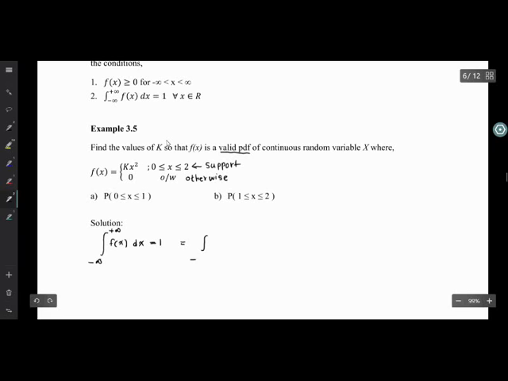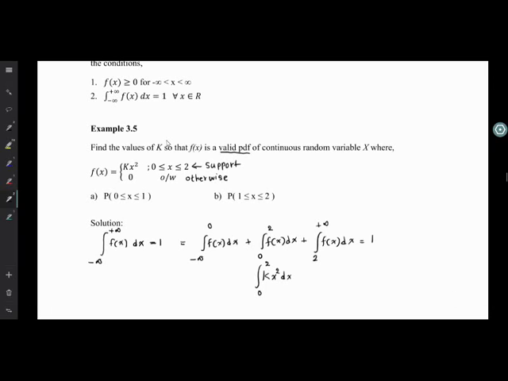Therefore, from negative infinity up to 0, and then we have 0 up to 2, and then we have 2 up to plus infinity. This should be 1, but it says from 0 to 2 you have this function kx squared dx, and in all the other places it is 0, so this will be 0, the other side is also 0.